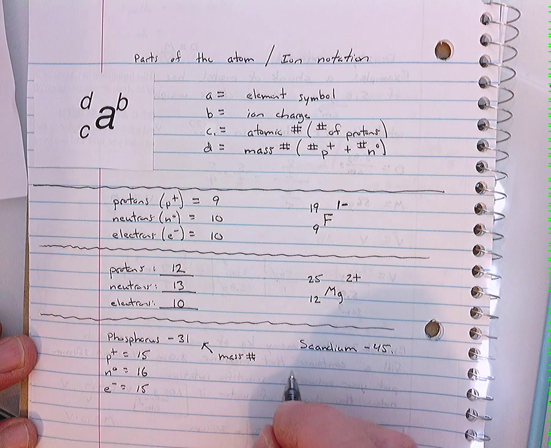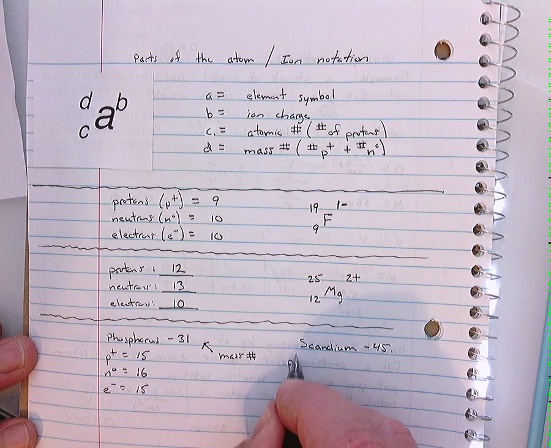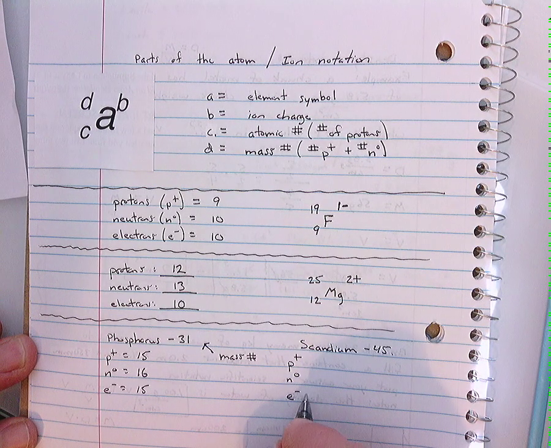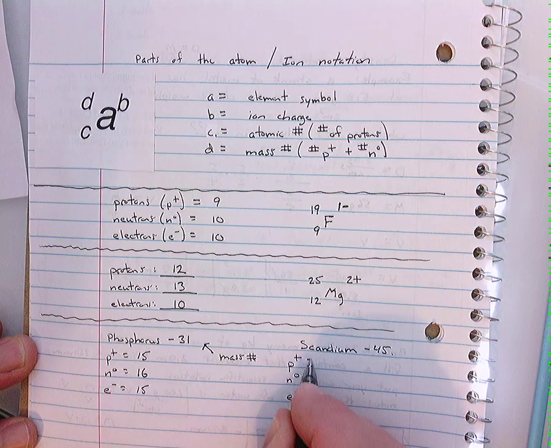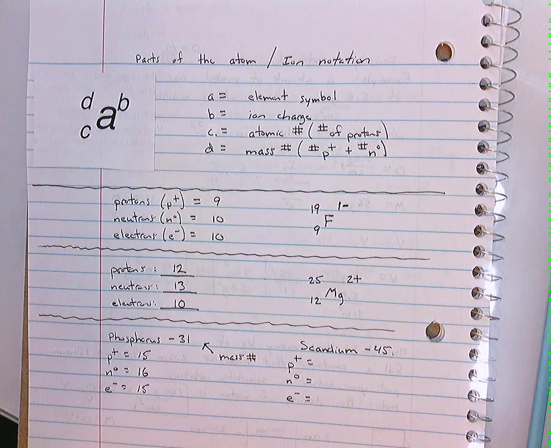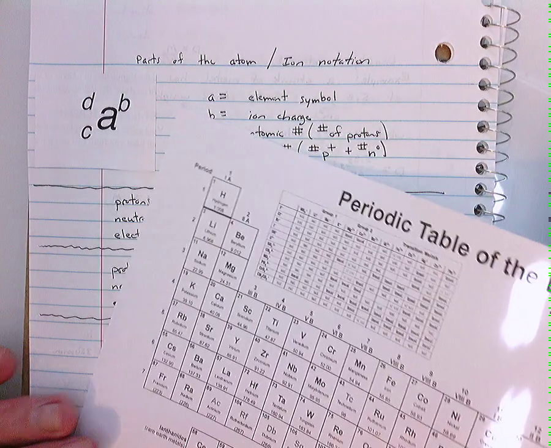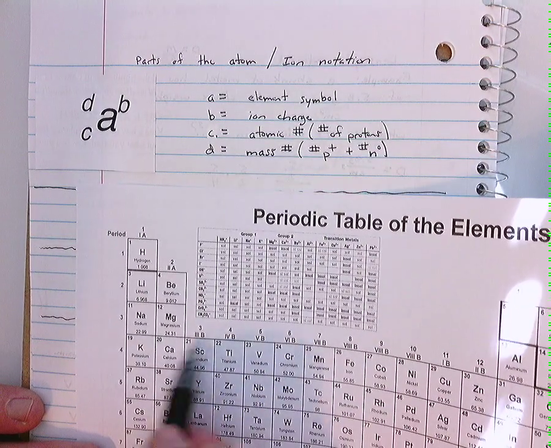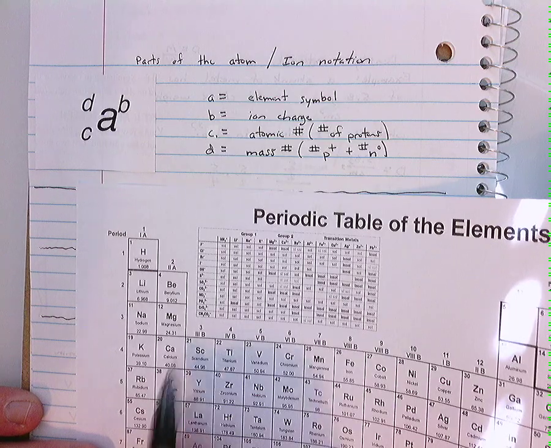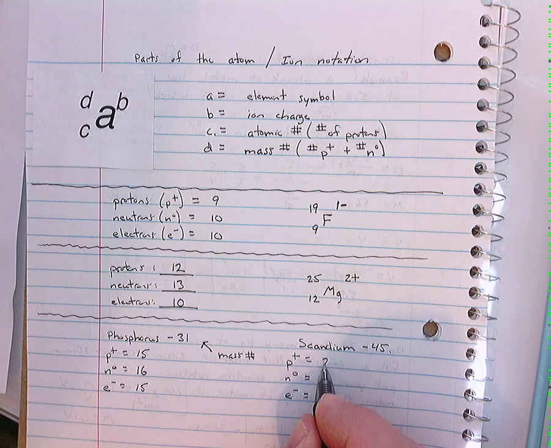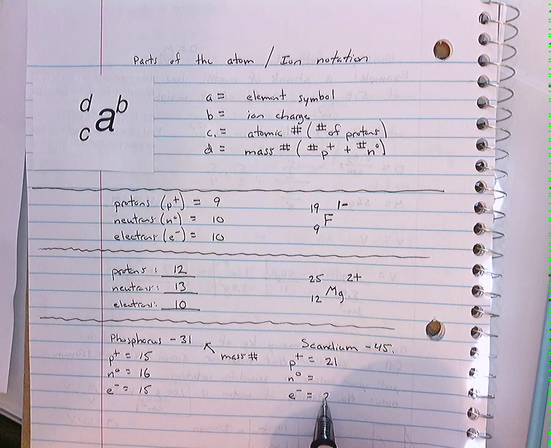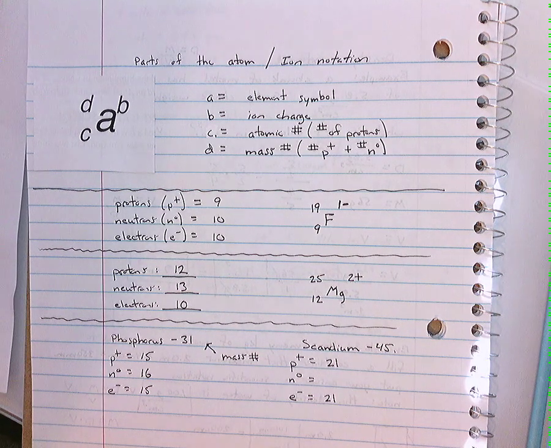Over here for scandium-45, we have protons, neutrons, and electrons. If we go to our periodic table, scandium is actually element number 21 on our periodic table. It's right here, so it's got 21 protons. In this case, with this mass notation, we're also going to assume it has 21 electrons because it has no charge.